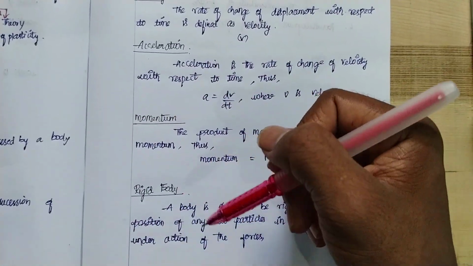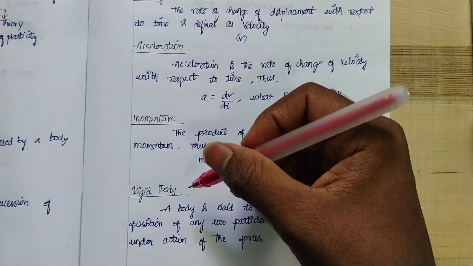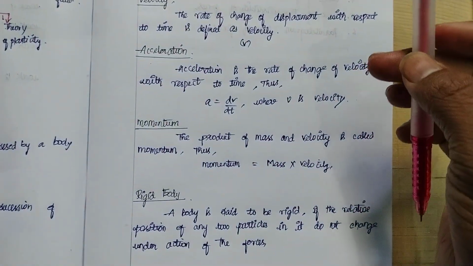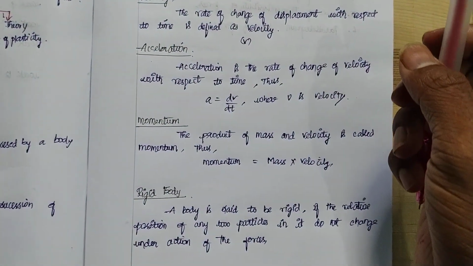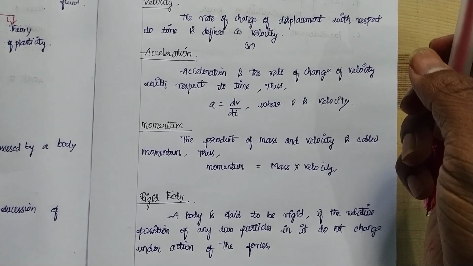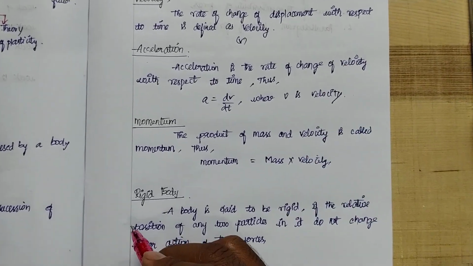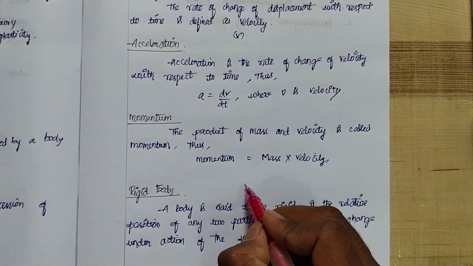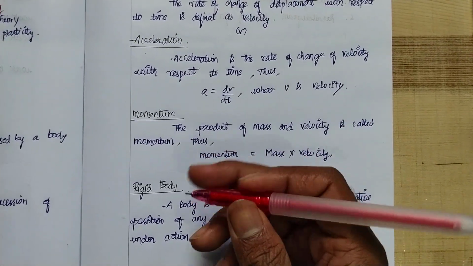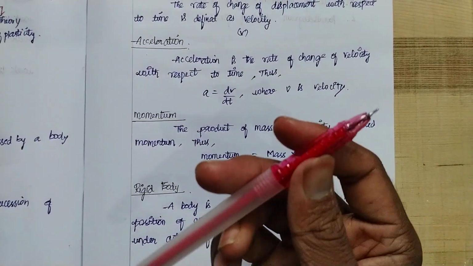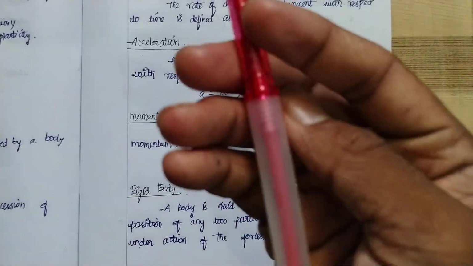What is a rigid body? A body is said to be rigid if the relative position of two particles in it does not change under the action of forces. How can you understand this? Every substance in this universe is made up of molecules or atoms.